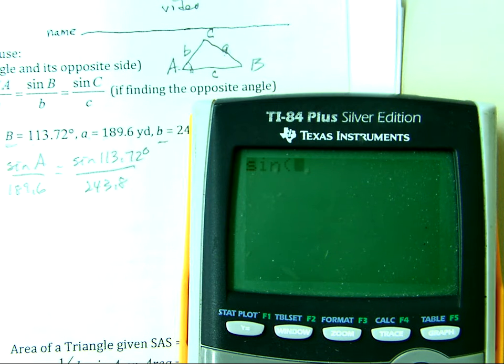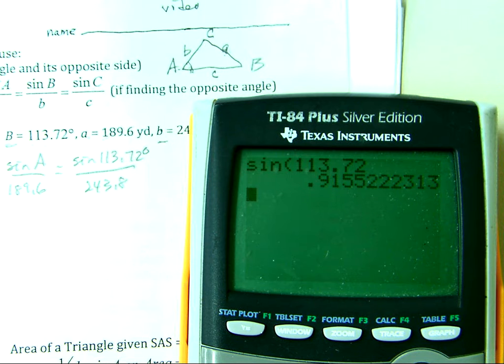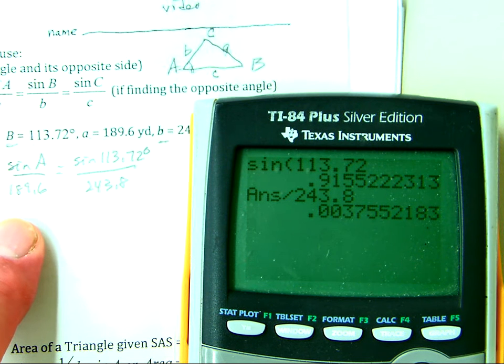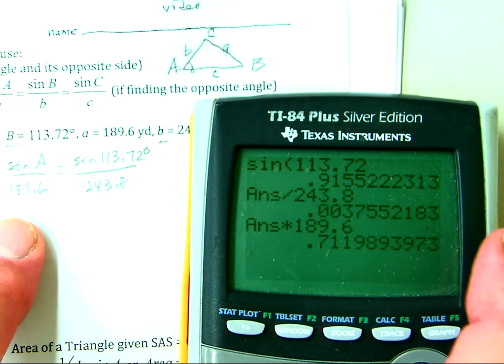We take the sine of 113.72, and I'm going to divide that by 243.8. So I get that. Now we've got to get rid of that 189.6 on the bottom, so I'm going to multiply that times 189.6, and I get 0.7119.